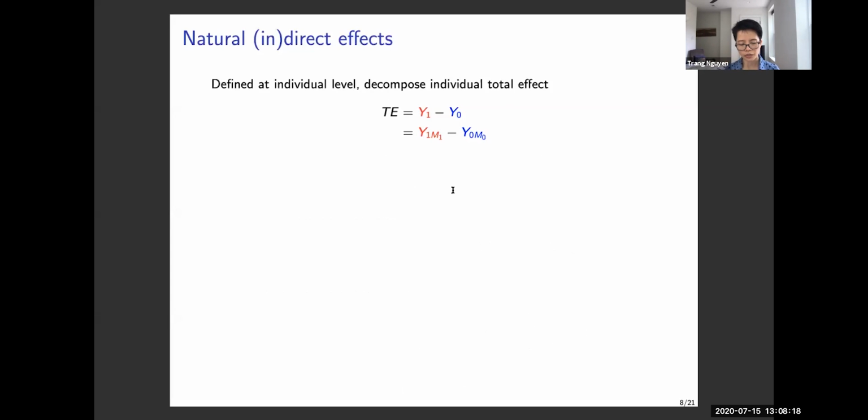So the natural direct and indirect effects are defined at the individual level, and they decompose the individual total effect. The total effect is the difference between Y1 and Y0, we all know that, which we can rewrite as the difference between these two nested potential outcomes.